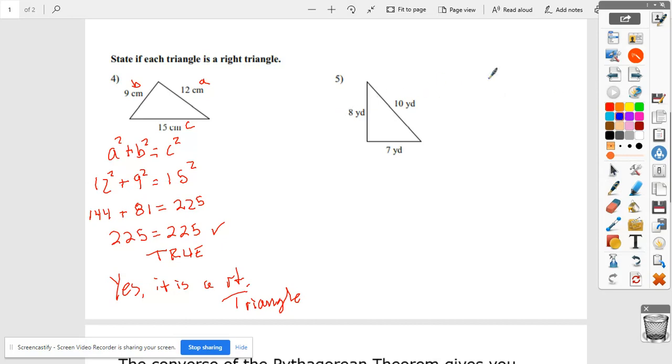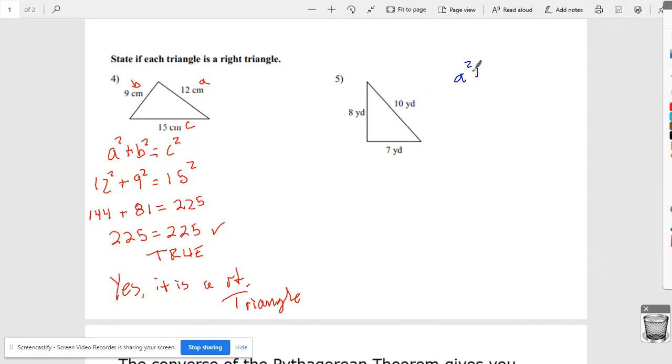Because a squared plus b squared equals c squared. Okay, well, let's check this one. We know a squared plus b squared equals c squared. We know that c has to be our longest length, so c has to be 10, and then we can make either of these a and b. So we need to check that 8 squared plus 7 squared does equal 10 squared.